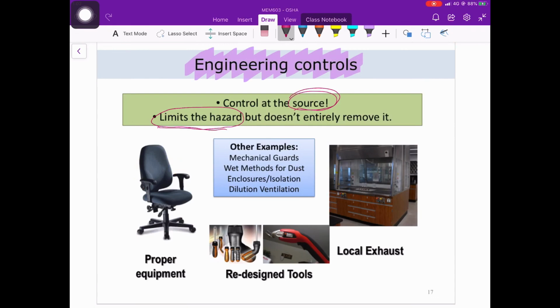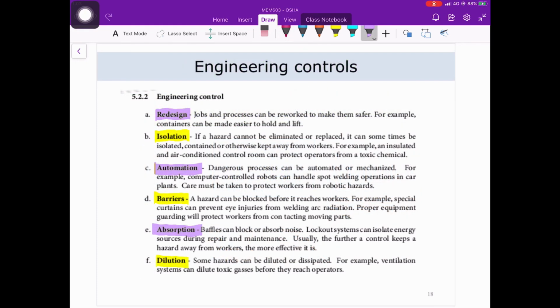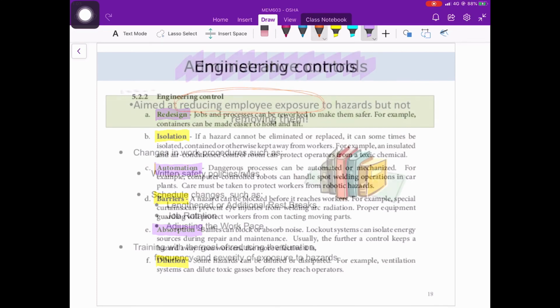In engineering controls, the control measure is aiming at the source. It limits the hazards but does not entirely remove them. Some of the approaches in engineering controls are redesign, isolation, automation, the use of barriers, absorption, and dilution.